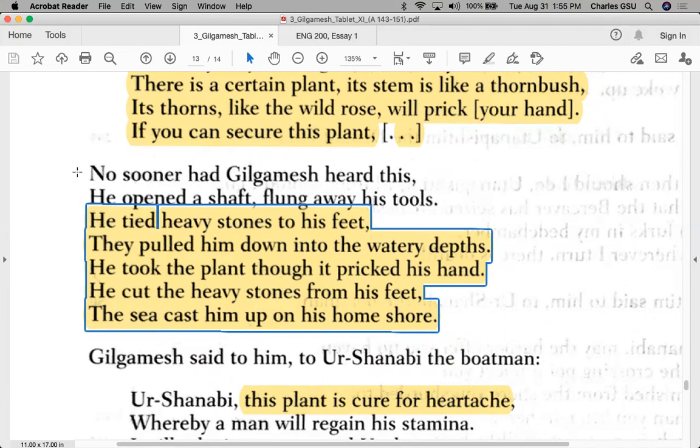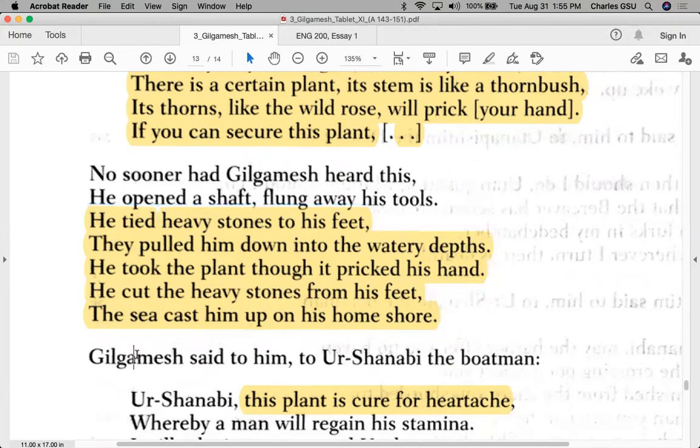Maybe a reach, but he tied heavy stones to his feet. They pulled him down to the watery depths, that is Gilgamesh to the watery depths. He took the plant, which is in the water, though it pricked his hand. He cut the heavy stones from his feet. The sea cast him up on his home shore.